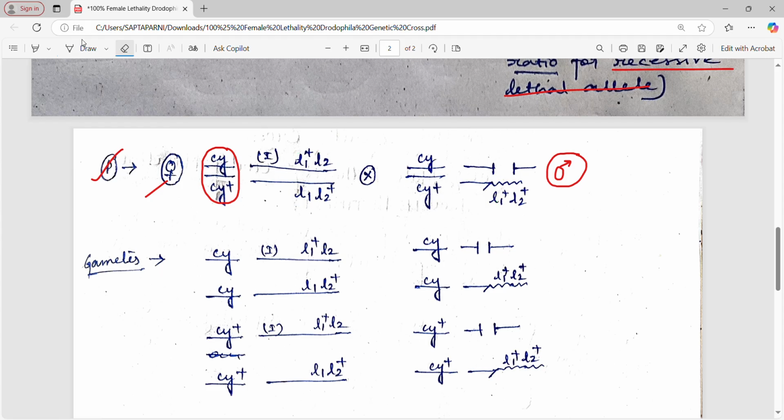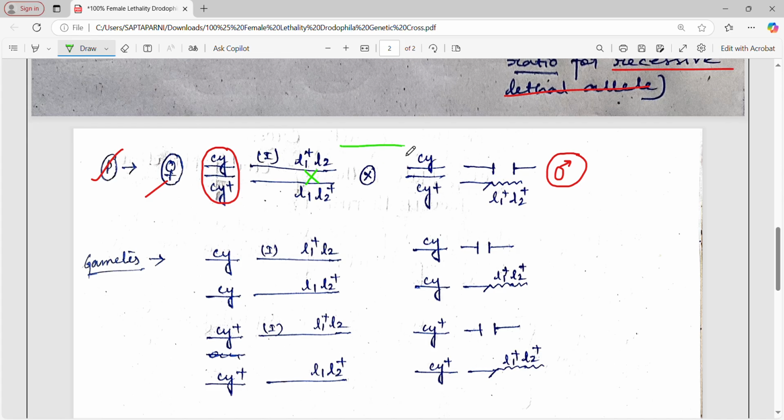Now another thing may happen. As these L1 and L2 are present on the same X chromosome, there could be a tendency of recombination. If they recombine, obviously recombinant X chromosomes will be formed.